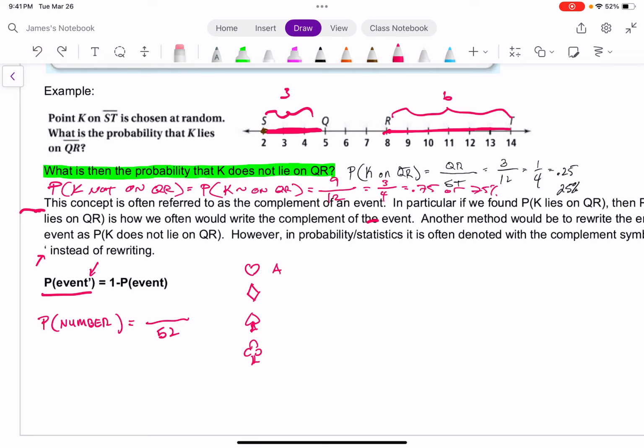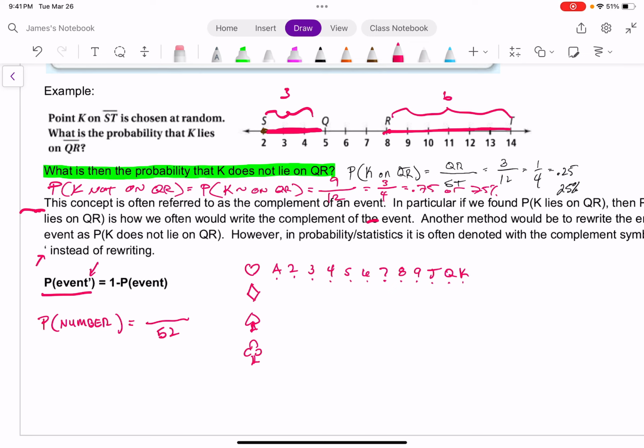ace is the one. And then they go 2, 3, 4, 5, 6, 7, 8, 9. And then you've got your jack, your queen, and your king. So each of these has 1, 2, 3, 4, 5, 6, 7, 8, 9, 10, 11, 12.